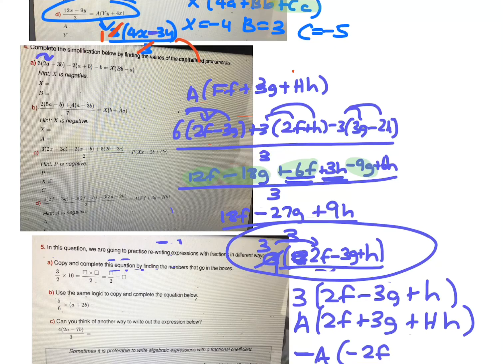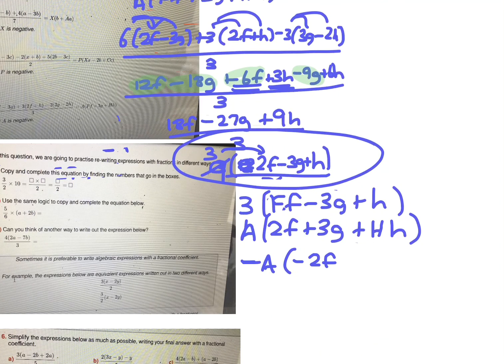Now I can see what I've done here. That's not a 2 in there. That's an FF, so I'm going to make that an FF. So like I was saying, this nearly works out. We just have to take a minus out because you've got a minus 3G there. So if you take a minus A, then that would be minus 2F, minus 3G, and then minus HH.